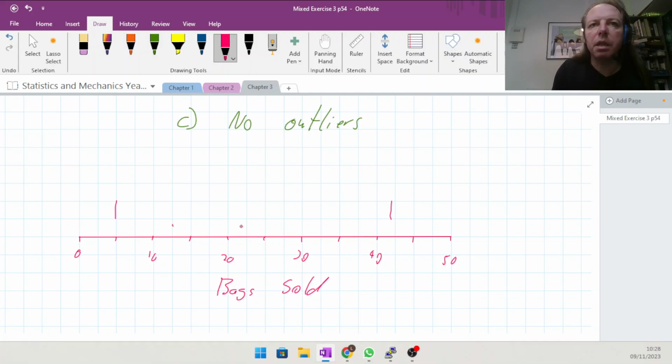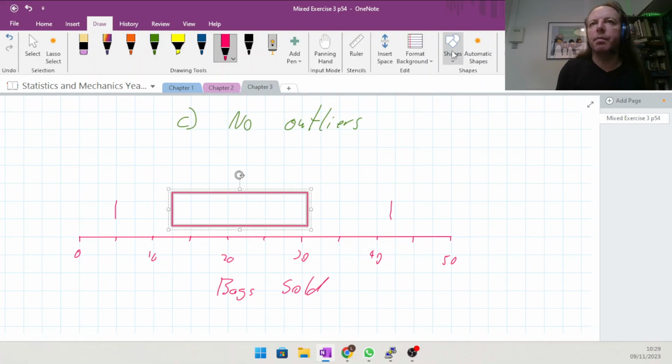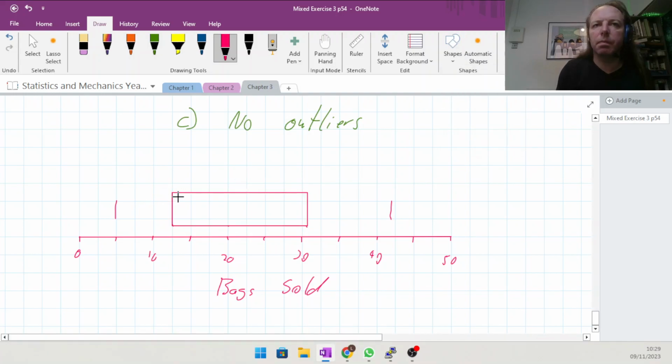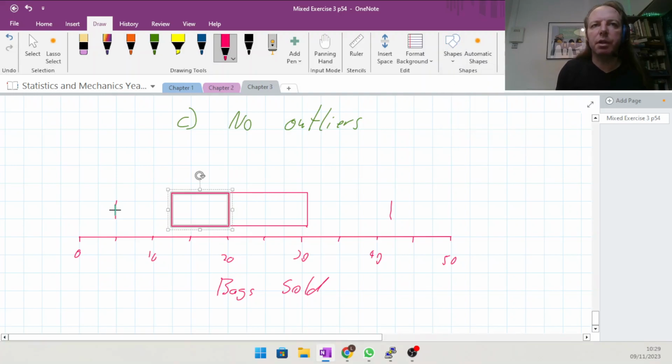Let's draw those in and use the tool for that. Come up to about there. There we go. And then we'll just use a line tool to finish it off.